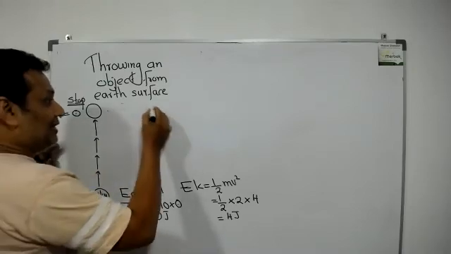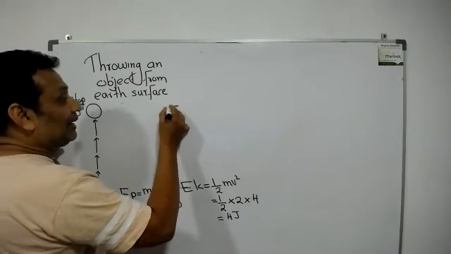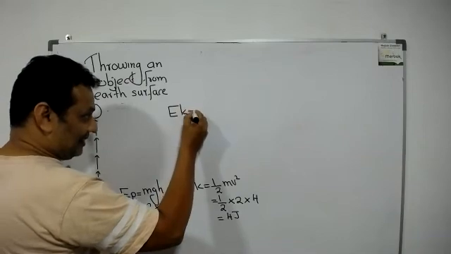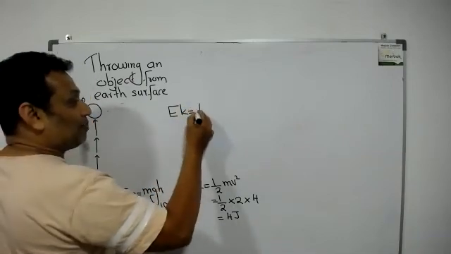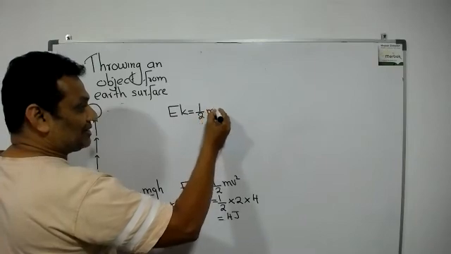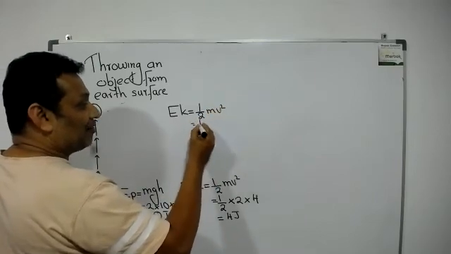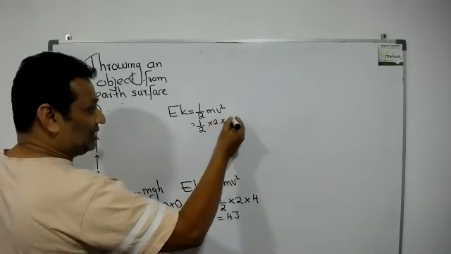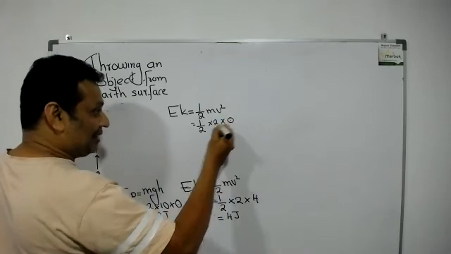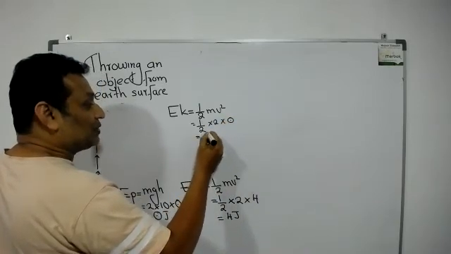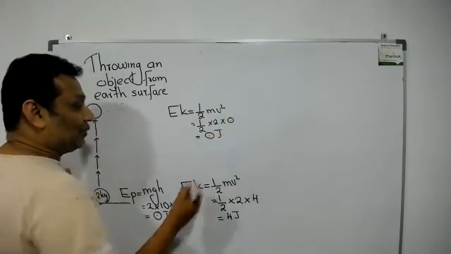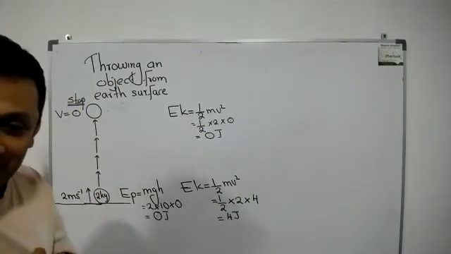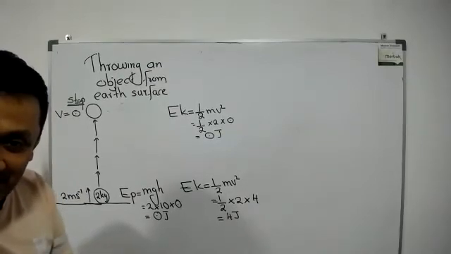So, in this position, if you calculate its kinetic energy, half m v square, half into 2 into 0 square will be 0. So it is going to be 0 joule. Agree with it?